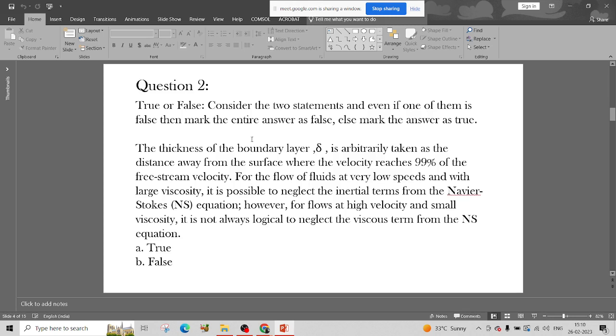For the flow of fluid at very low speed and with large viscosity, it is possible to neglect the inertial term from the Navier-Stokes equation. However, for flows at high velocity and small viscosity, it is not always logical to neglect the viscous term from the Navier-Stokes equation.